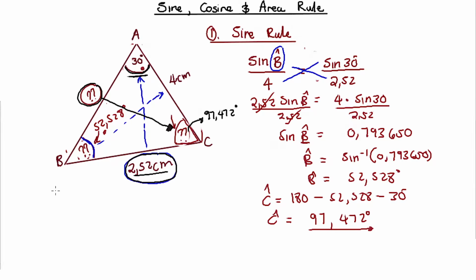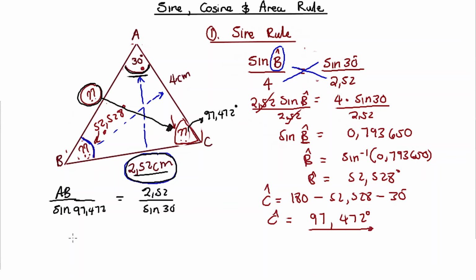Since I want to calculate AB, I'm going to say AB over the sine of the opposite angle, which is angle C, sine 97.472, equal to 2.52 over sine 30 degrees.